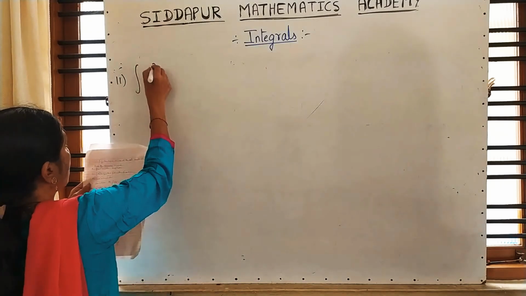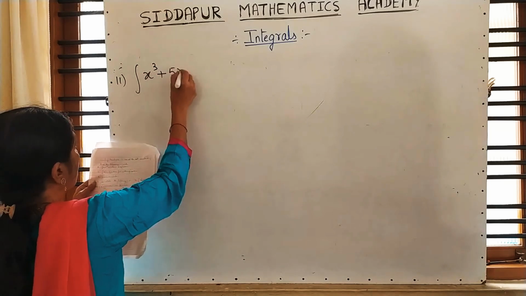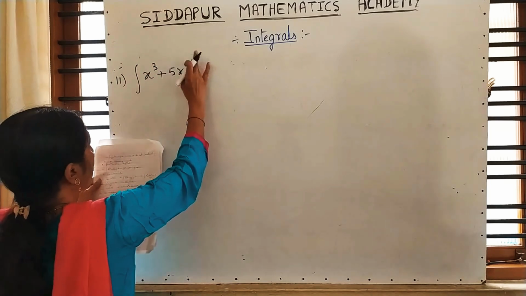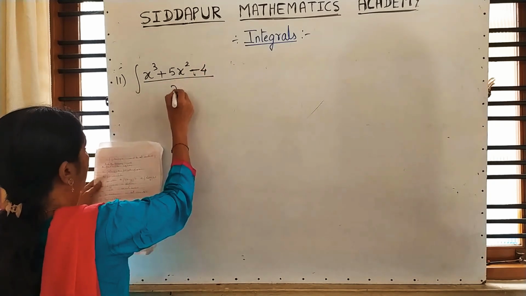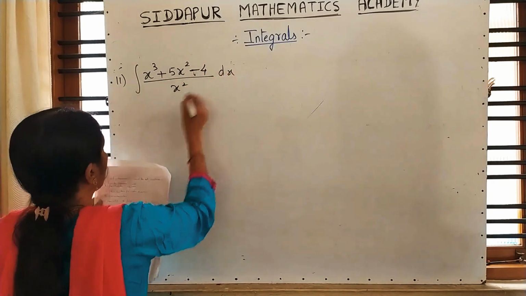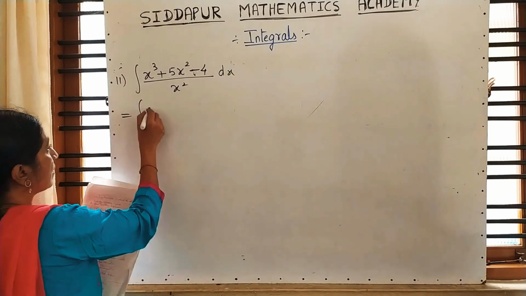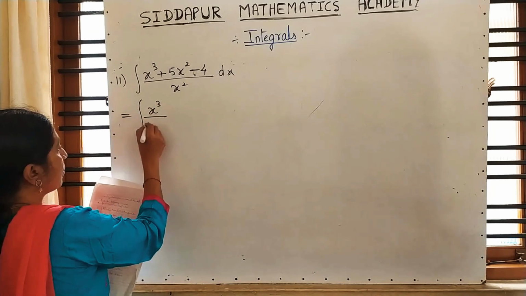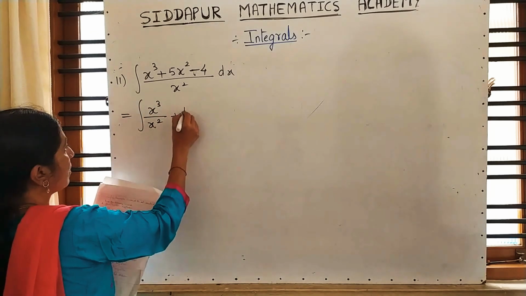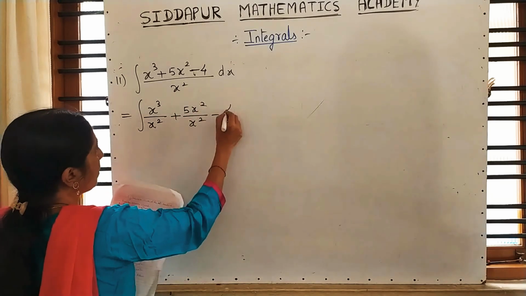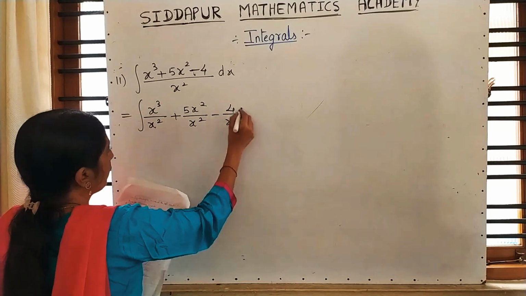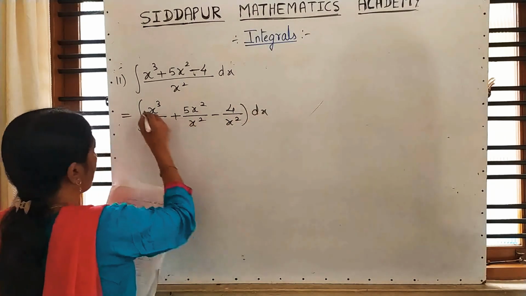X cube plus 5x square minus 4 divided by x square into dx. X cube upon x square plus 5x square upon x square minus 4 upon x square.